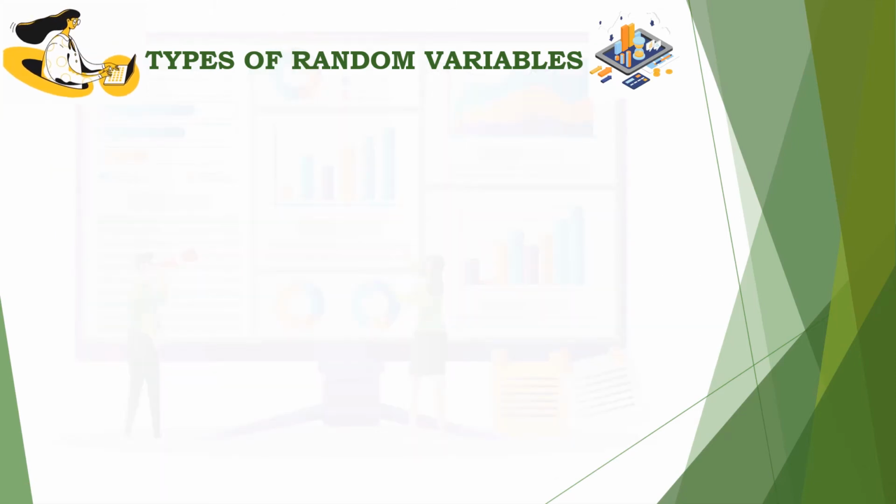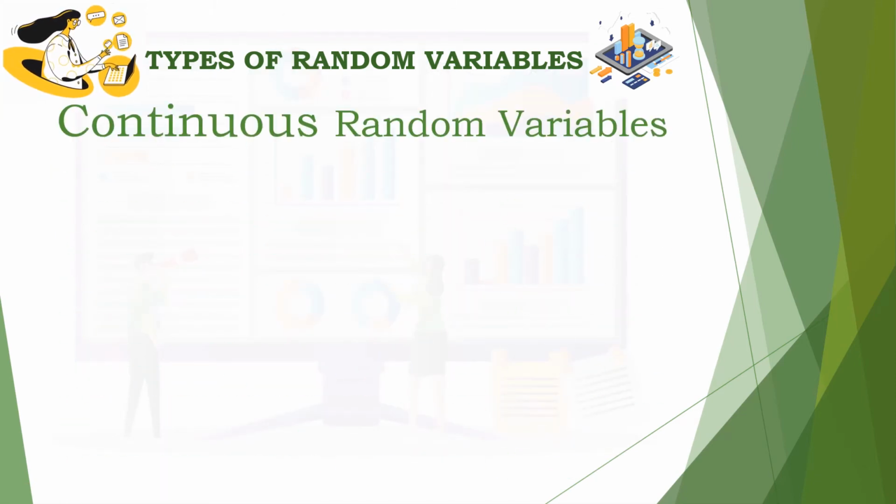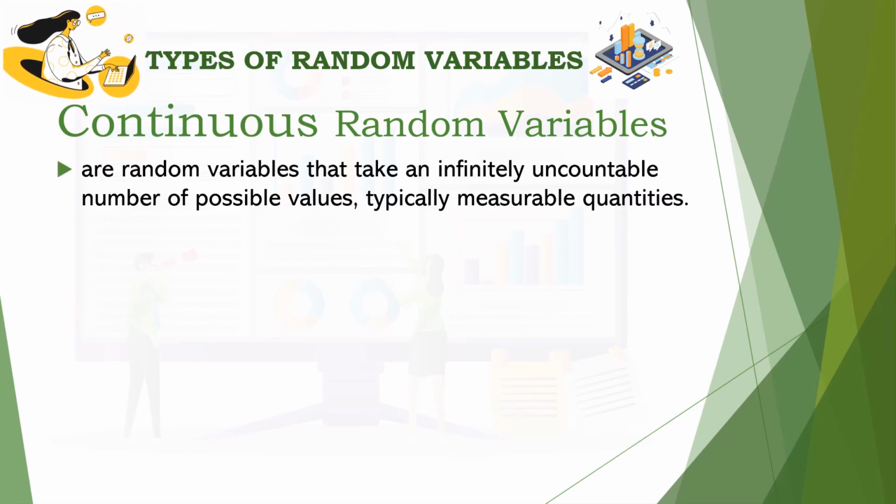On the other hand, continuous random variables are random variables that take an infinitely uncountable number of possible values, typically measurable quantities. Okay, in simple terms, some random variables are continuous, which means that they take any value within a range, including fractions.